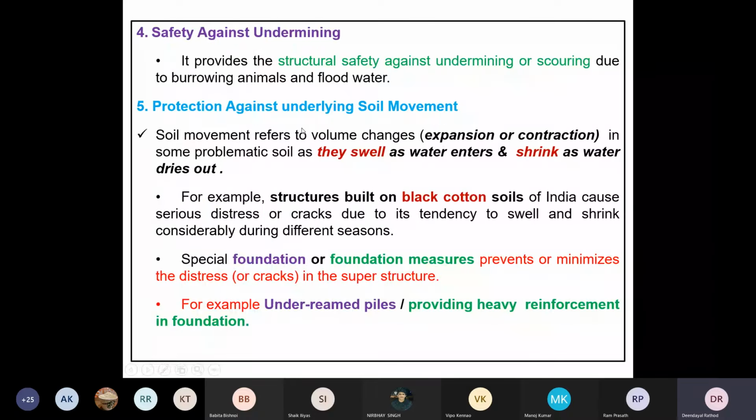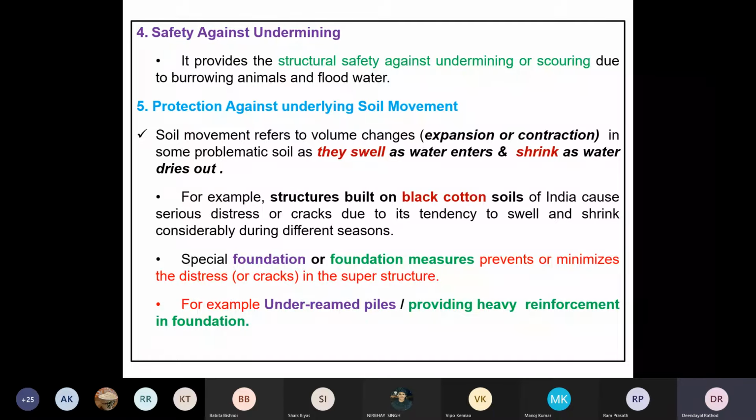It also provides structural safety against undermining or scouring due to the burrowing of animals or flood and so on. So it protects against underlying soil movement. Soil movement refers to the expansion or contraction sometimes. So this particular foundation is very important for our soil.